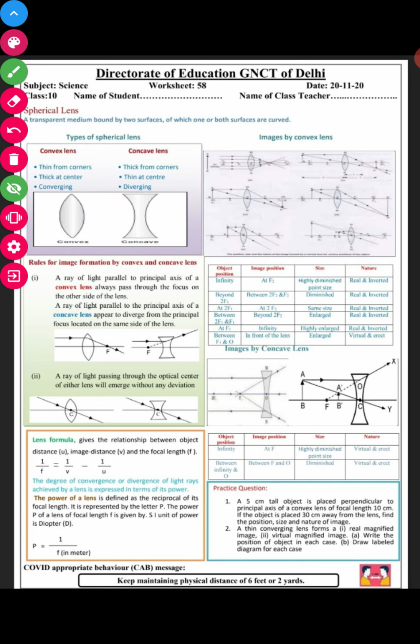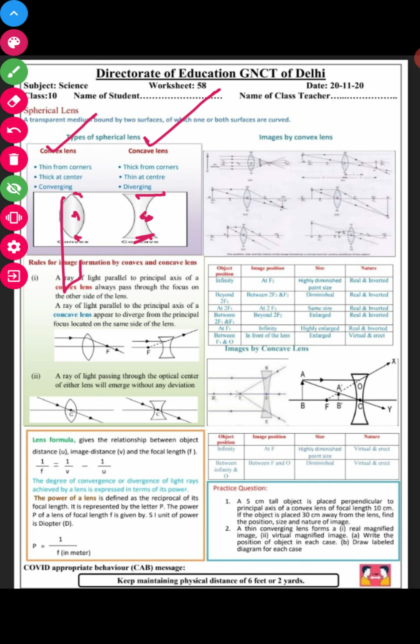There are two types of lens: convex lens and concave lens. Now, what is the difference between these two? One lens is thin at the corners, thick at the center, and is a converging lens, and another is thick at the corners, thin at the center, and is diverging.